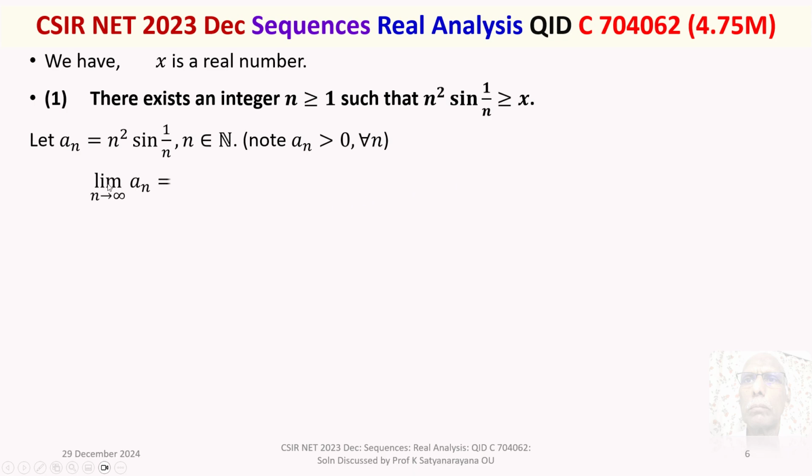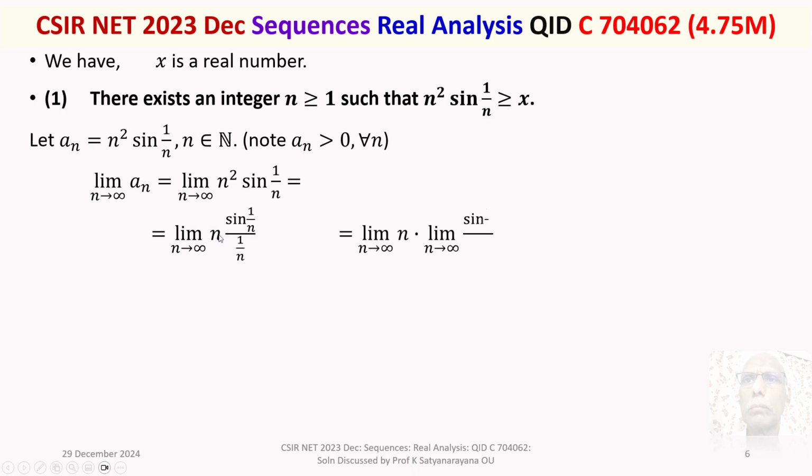Now, we compute limit n tends to infinity of an, that is equal to limit n tends to infinity of n square sine 1 by n, that's equal to limit n tends to infinity of n multiplied by sine 1 by n by 1 by n. This n square is written as n by 1 by n.